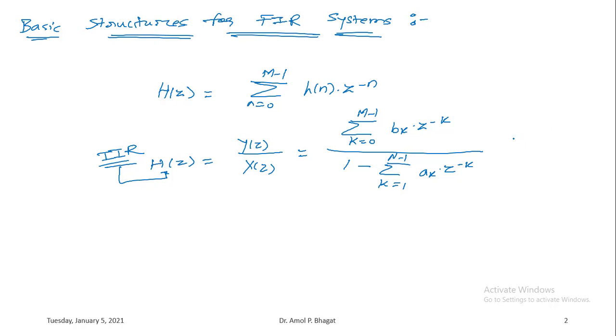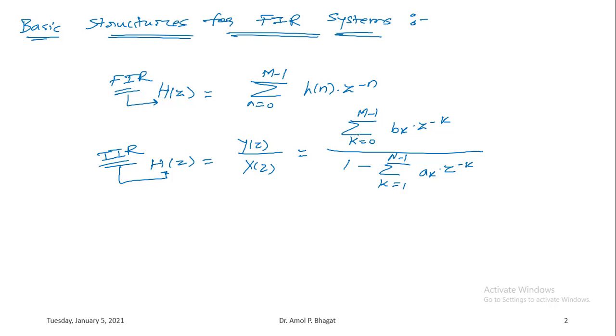This system is also called a pole zero system, as well as a recursive system because past outputs are there. But in case of FIR system, the system function has the form which comprises only the present or maybe past input samples. So it will have only zero terms, or it can be represented in generalized form as this equation, right?